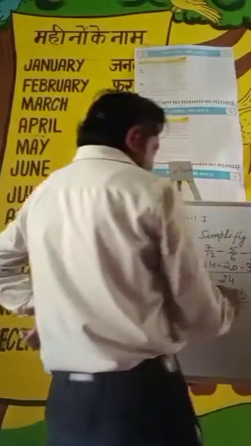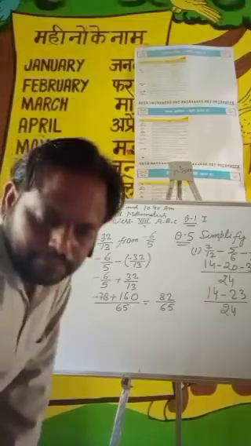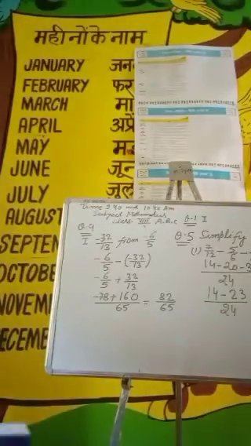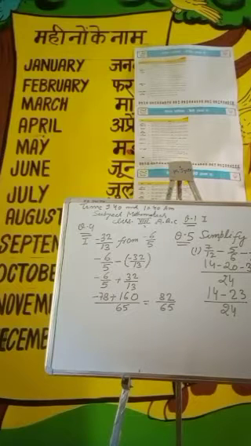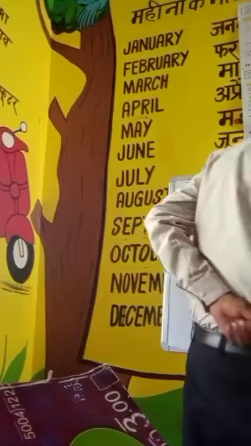We will get minus 9 upon 24. This is the result. Reduce by 3. 3 3 is 9, 3 8 is 24. Minus 3 upon 8. This is your answer.